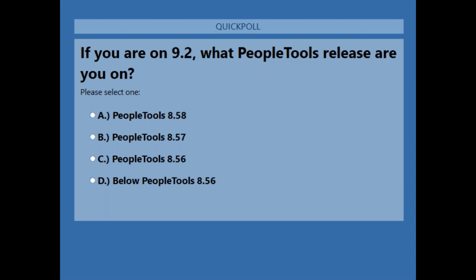So we had about 60% respondees on that. It looks like most of you on the call are on PeopleTools 857, about 20% on 858, and 20% on 856, and then a small portion below that. So that's good. We're close to 858. Here, if we can go ahead and close the poll, I think people can probably see the results here.